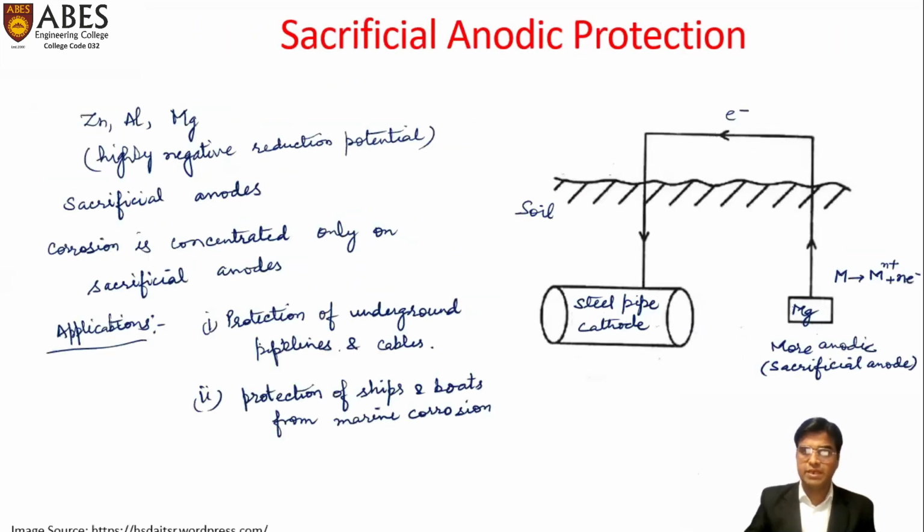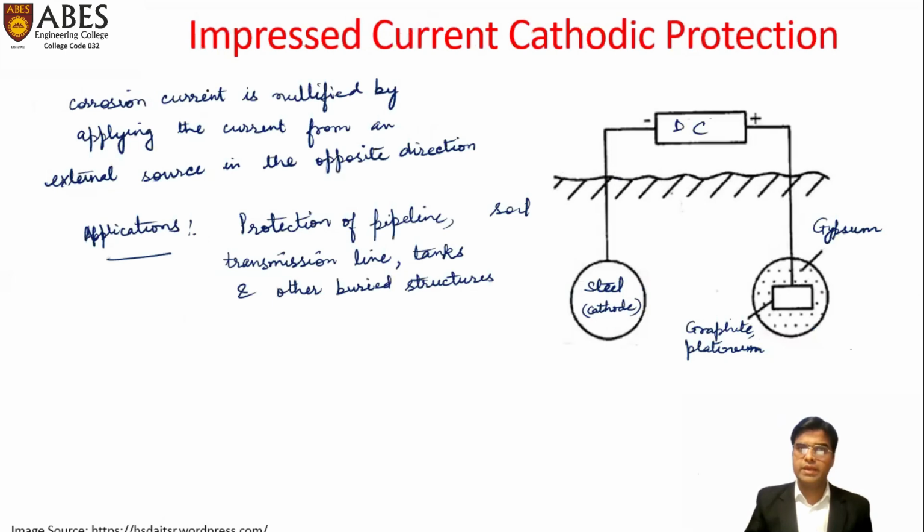This is the sacrificial anodic protection where the base structure is connected to a more anodic sacrificial anode. The sacrificial anode undergoes corrosion and the base structure, which is working as cathode now, remains protected. Similarly, in impressed current cathodic protection, the base structure is forced to work as cathode because it is connected to the negative terminal of the direct current power supply.